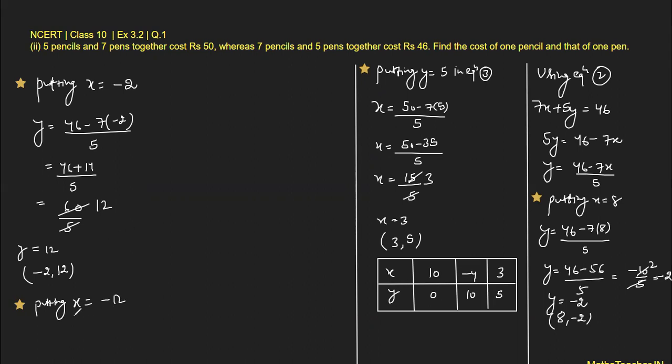So that's why I'm putting x equals minus 12 right now. Let's solve it. x equals minus 12, so y equals 46 minus 7 times minus 12, upon 5.